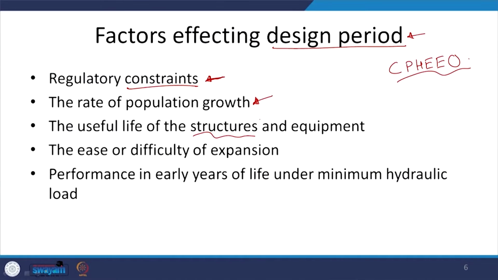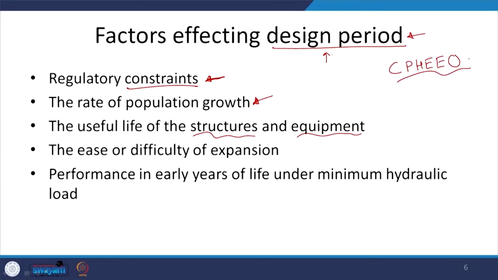Why is that? The structures that I build, be it the cement or concrete structures, or the mechanical and electrical equipment that I use, have their own lifetimes. So the cost of replacing them, maintenance, and certainly their lifetimes also come into the picture when we are considering the design period. Why? That's tied up with how easy or difficult it is to expand.